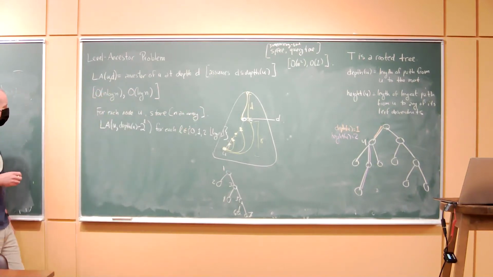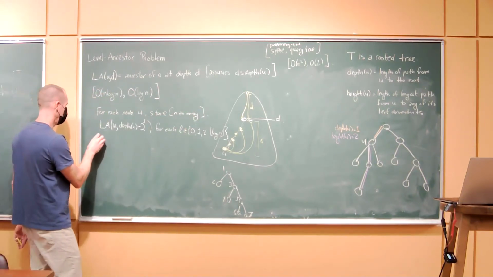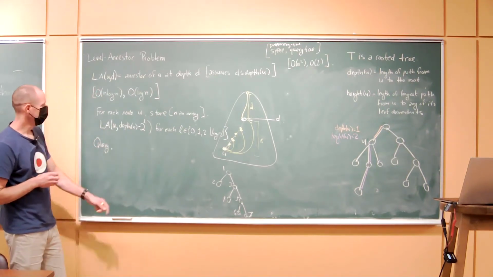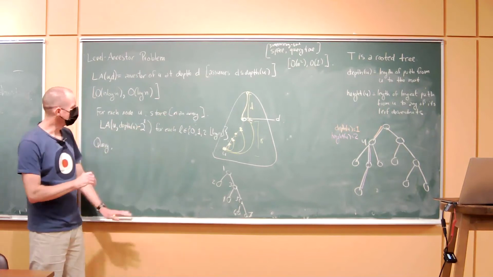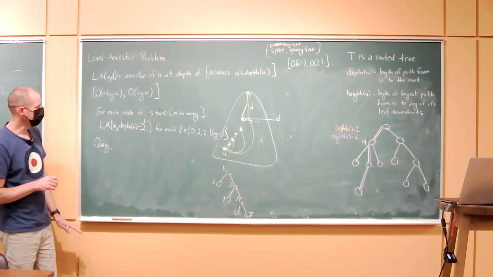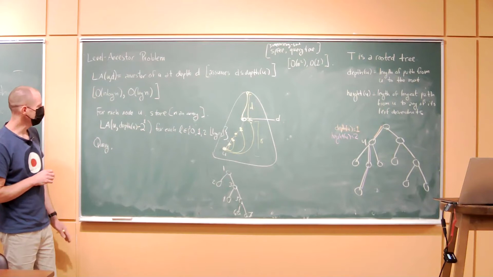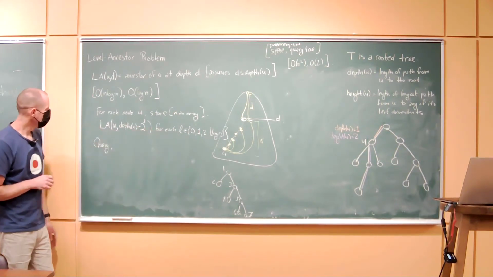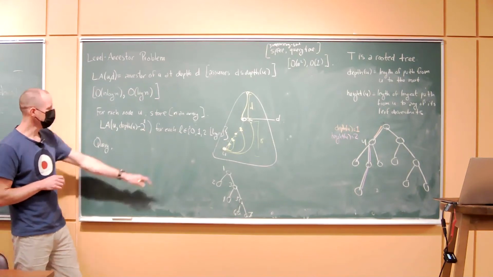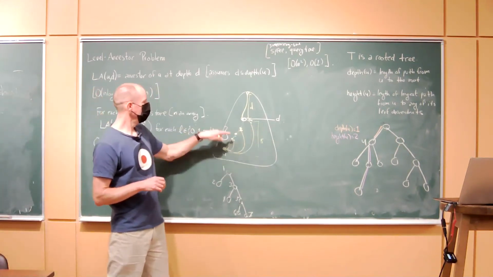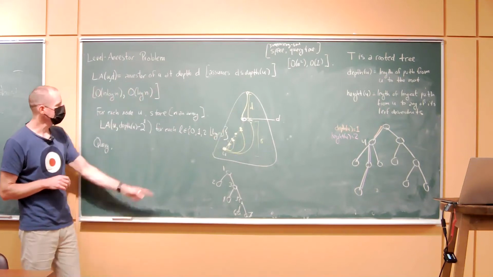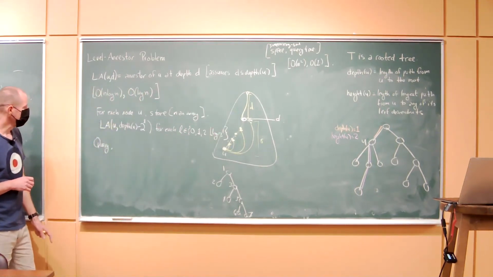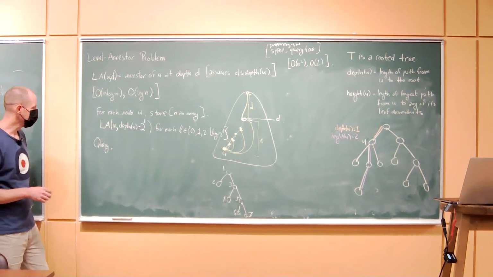All right, and now when you give me a query, first of all, that's the whole structure. And I think you're convinced that this has space n log n because there's n different nodes u, and each one has to store an array whose length is at most log n. So that's the space. And how do you answer queries?